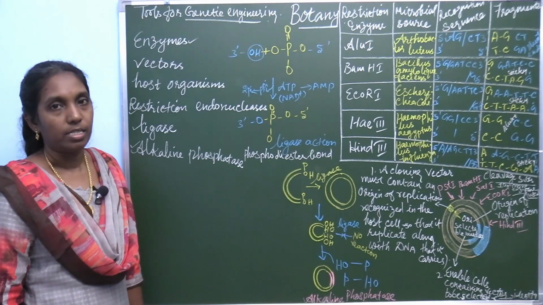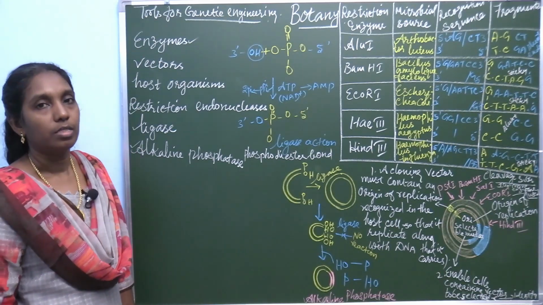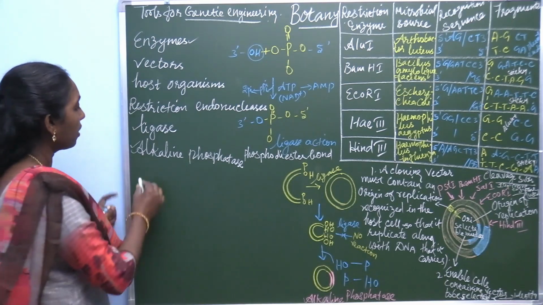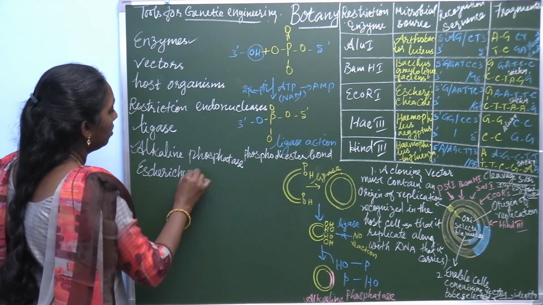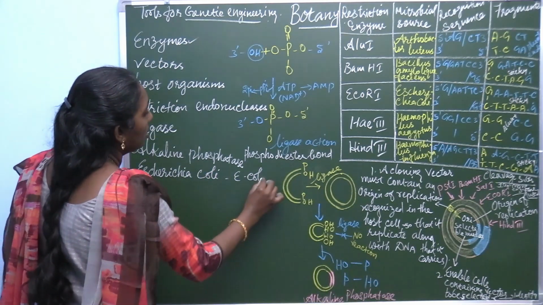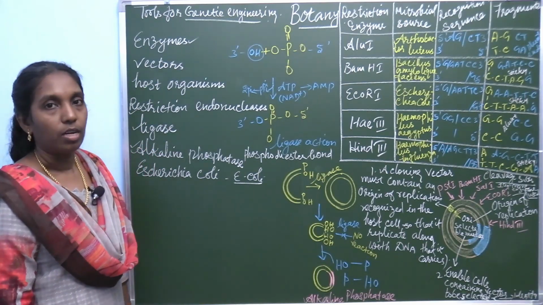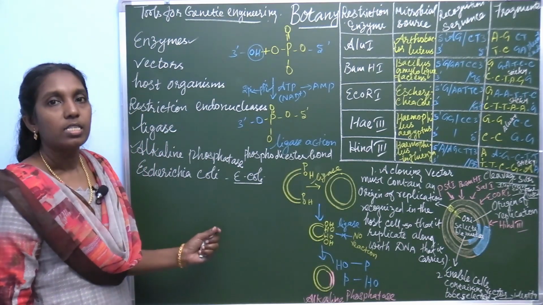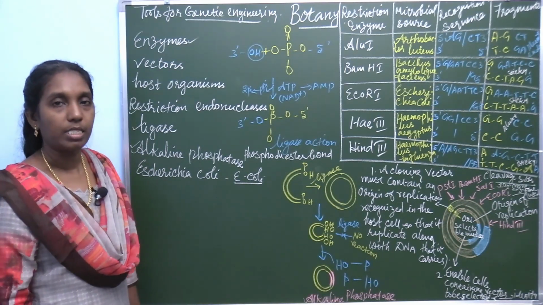Restriction endonucleases. There is a common bacterium, Escherichia coli, commonly called E. coli. In this bacterium, there are two different kinds of enzymes observed.